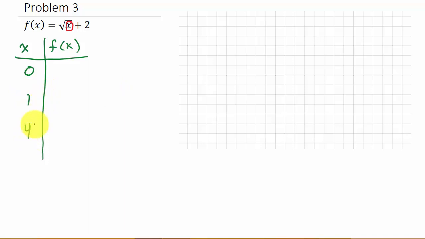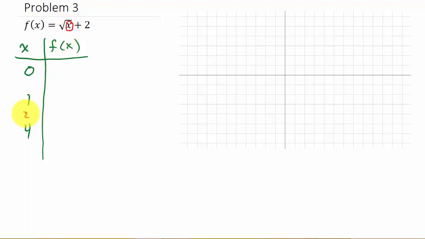Let's go over why I chose 1 and 4 instead of maybe 0, 1, and then 2. Why did I not choose the number 2? If we plug 0 in, the square root of 0 is 0. If I plug 1 in, the square root of 1 is 1. If I plug 4 in, the square root of 4 is 2.